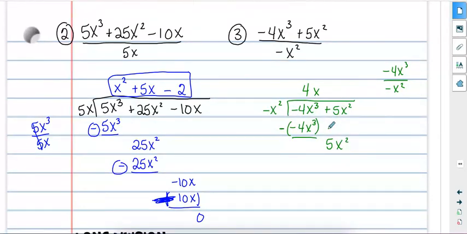So if I need this to be a positive, a negative times a negative gives you a positive. And I'm going to multiply by 5 to get 5, right? 5 times 1 is 5. So 5 times negative x squared gives us positive 5x squared. And then you're going to subtract, and we end up with 0, okay?